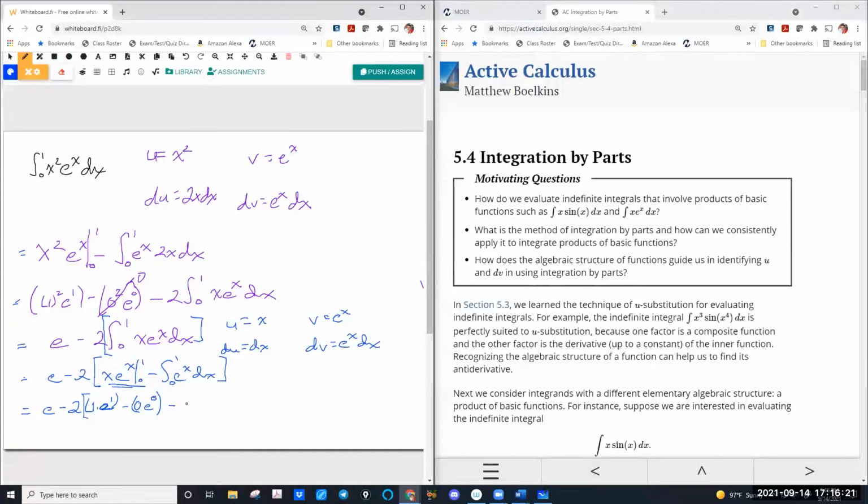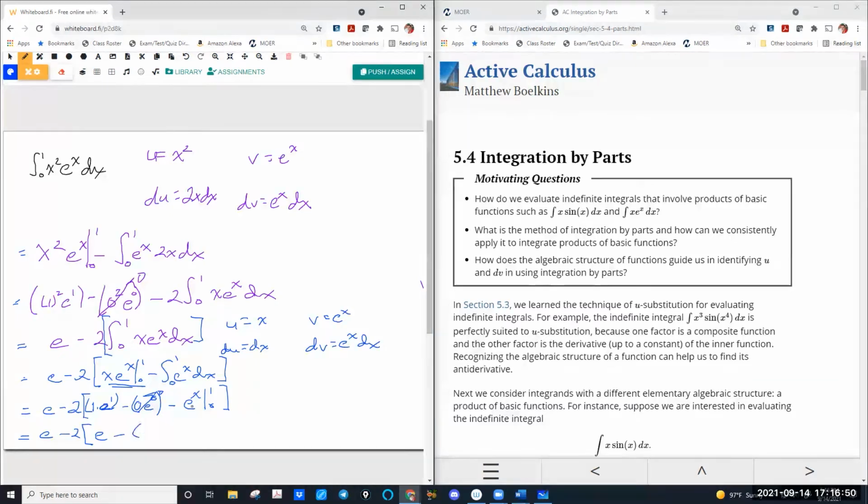Minus, we know the antiderivative of e to the x is e to the x from 0 to 1. So I still have to incorporate my limits one more time. Those brackets, remember, eventually I'm going to distribute this minus 2. Let's get everything done here. So e minus 2. 1 times e to the first is just e. 0 times anything is 0.